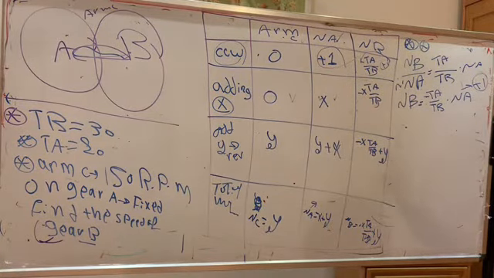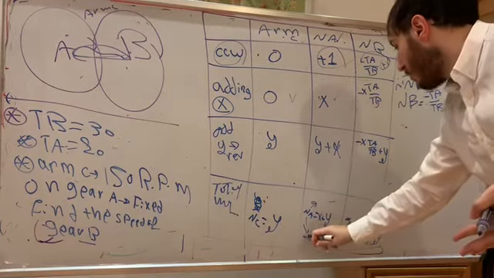The question says: find gear B if gear A is fixed, so it is 0.